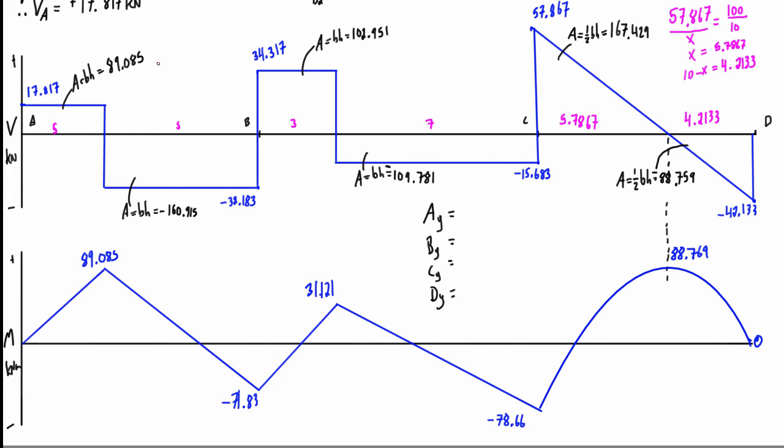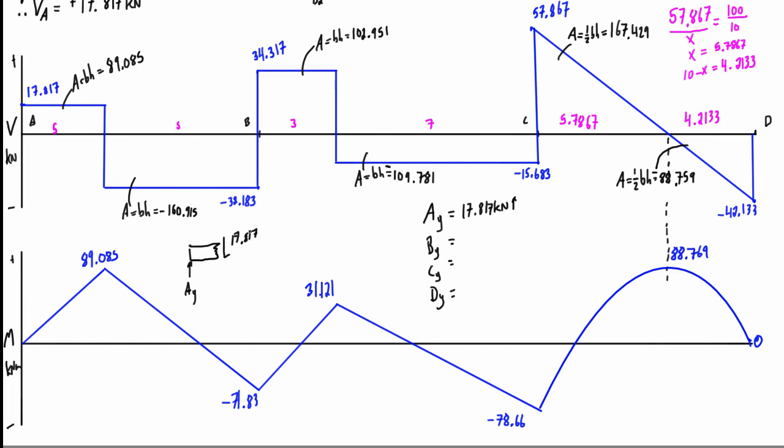If we draw a virtual cut, starting at A and taking a virtual cut just to the right of it, we know that we have the reaction AY going up, and we know that we have a positive shear, oriented like this on the right-hand side of that virtual cut, of 17.817. So for the force balance to work, AY has to be equal and opposite to that, so it's 17.817 kilonewtons oriented in the upward direction.